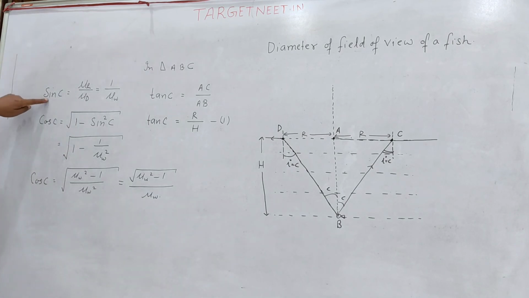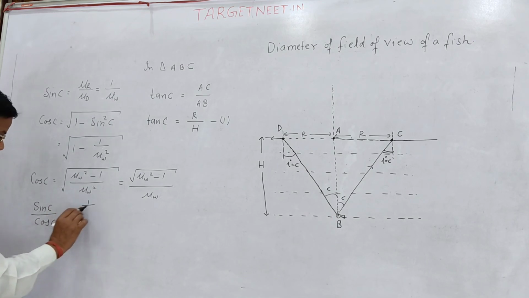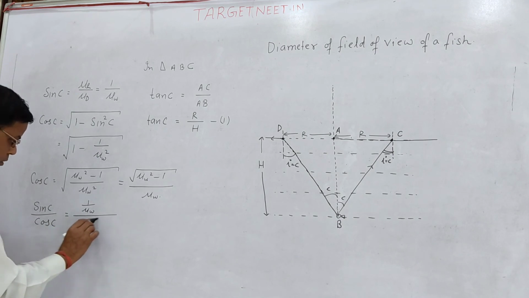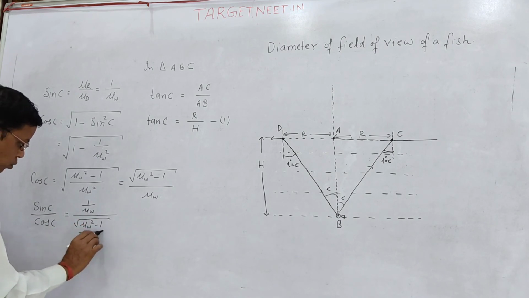Now if I divide sin C by cos C, I am going to get tan C. So sin C over cos C is equal to 1 over mu of water divided by under root mu of water square minus 1 upon mu of water.